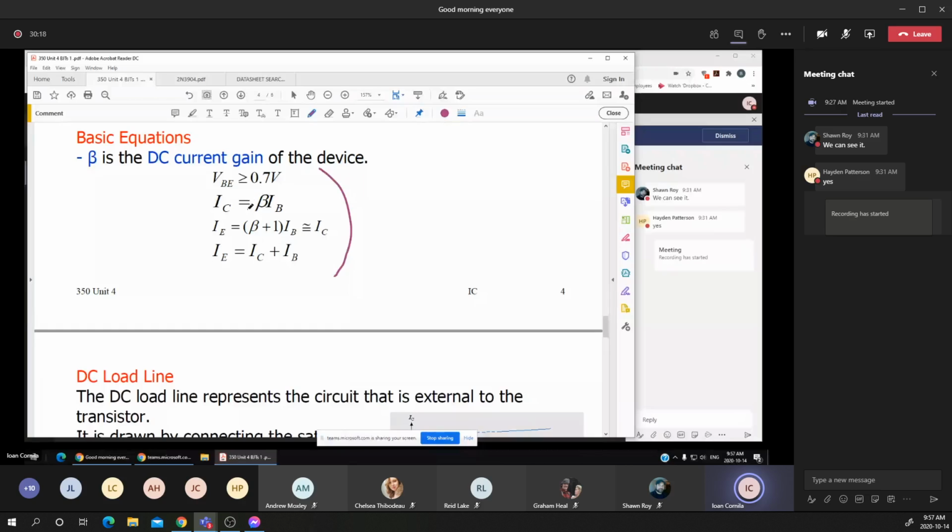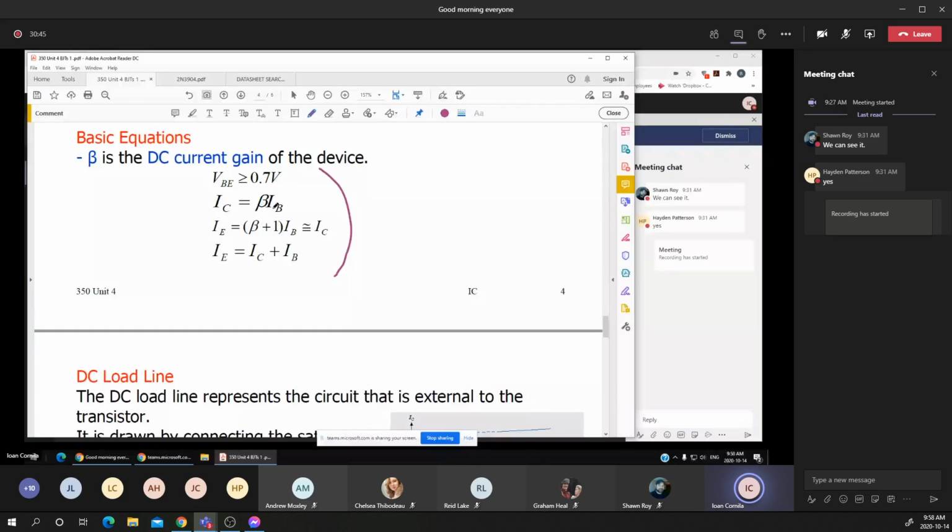Now, I'm substituting IC with beta IB and applying KCL to the current on the emitter. We may rewrite this equation as the emitter current IE equals IB plus IC.